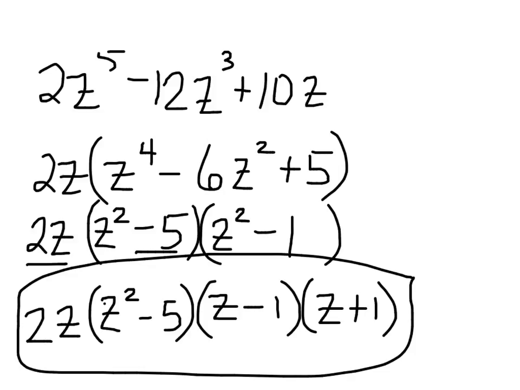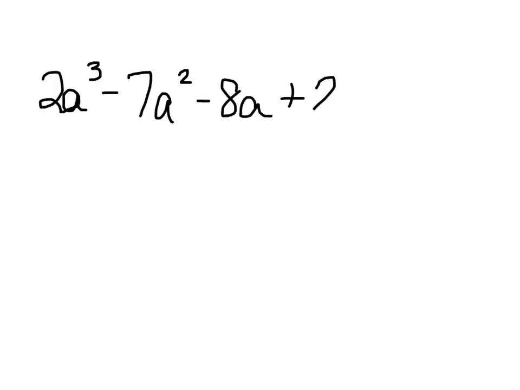For 21, how do I do 21? What's the rule? Or what should I do first, I guess? Always see if there's anything I can take out. Is there anything I can take out of all 4 terms to begin with? No. The key to it, though, is I said 4 terms.